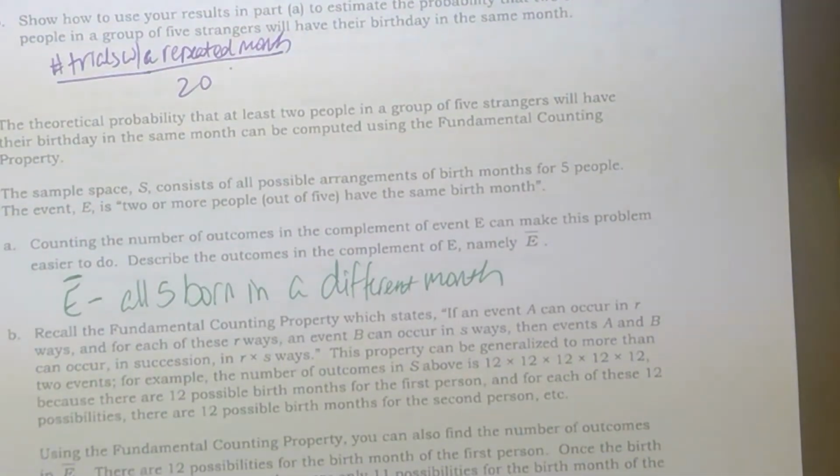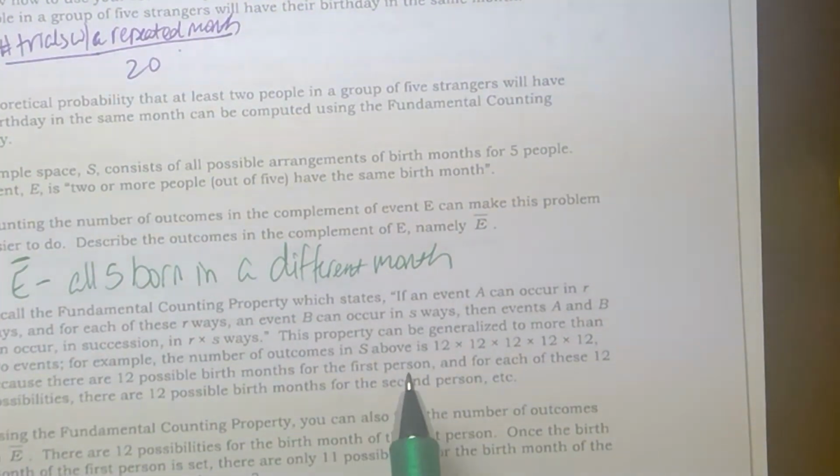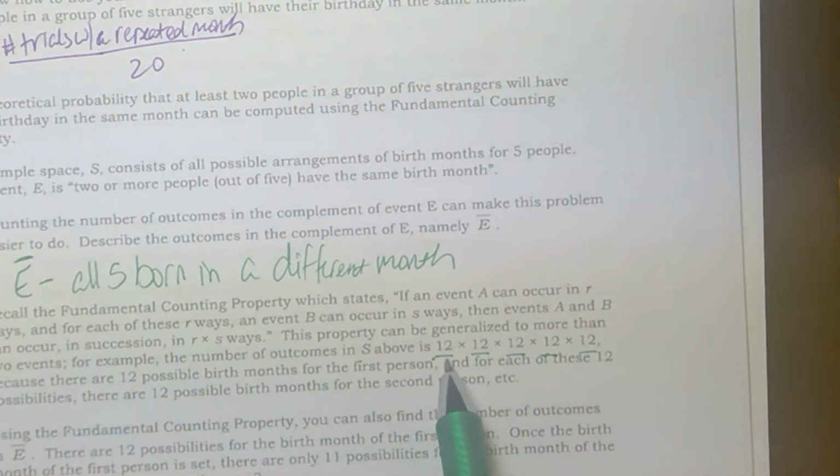Well, how many different ways can 5 people in a group be born in different months? I need to come up with the size of my sample space. This is where I use the fundamental counting principle, because there are 12 months in a year and I have 5 different people. So that would be 12 times 12 times itself 5 times.